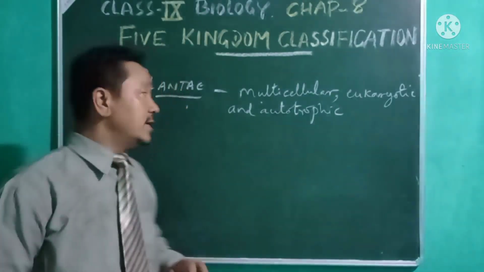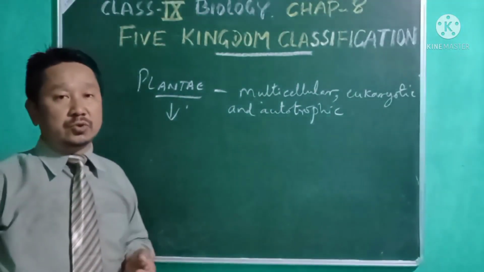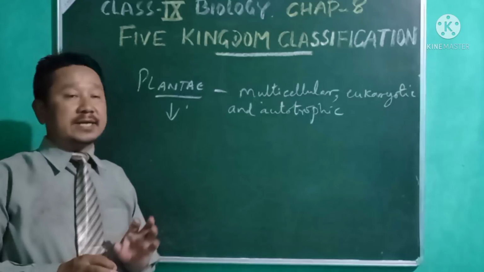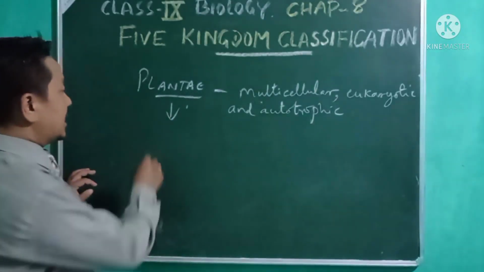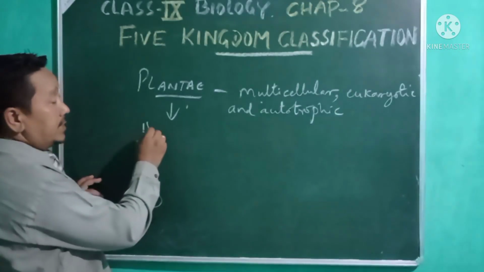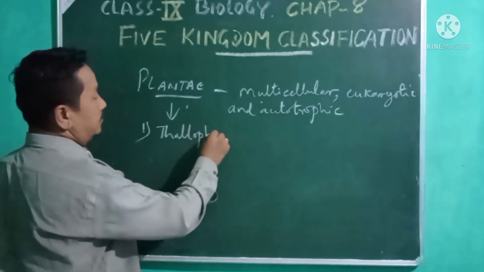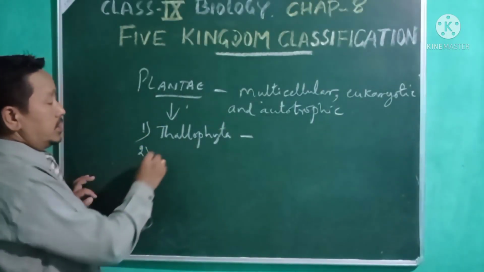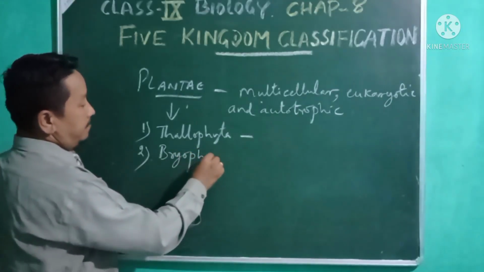These Plantae are further classified into 5 classes. That means Plantae is a kingdom, and this kingdom is further classified into 5 classes. Number 1, Thallophyta. Number 2, Bryophyta.